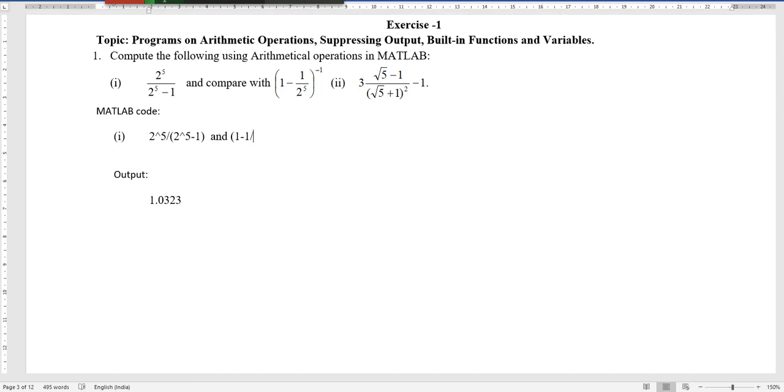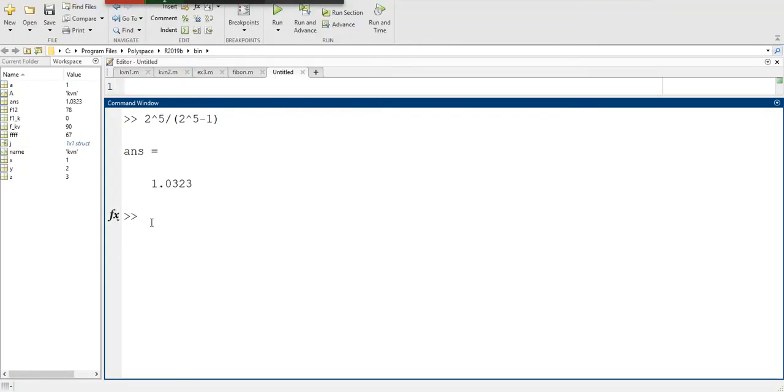So here 1 divided by 2 power 5, closing bracket, then caret, and in brackets write minus 1. So you will get the whole power minus 1. Then what happened? Now coming to the software, you will get the same answer. Mathematically you get the same answer.